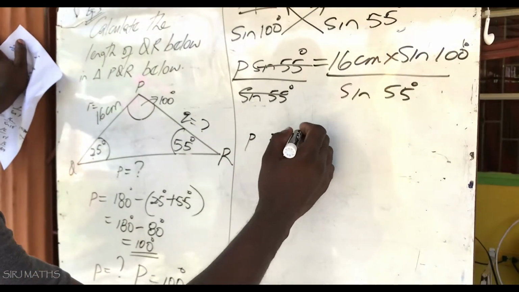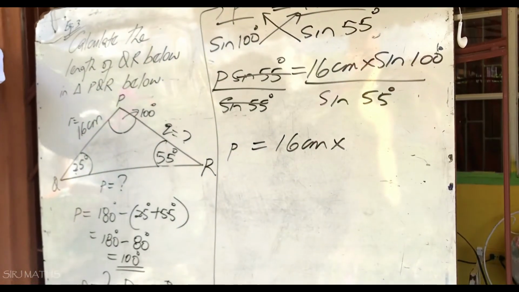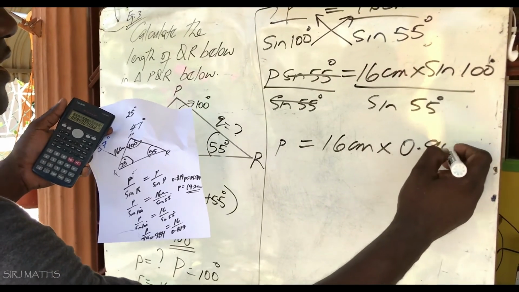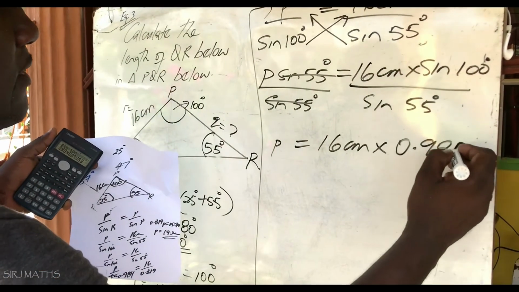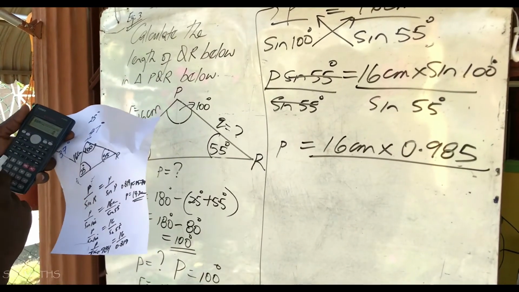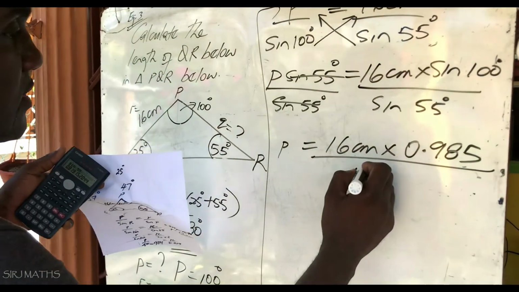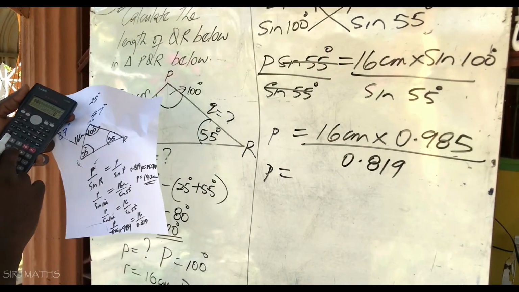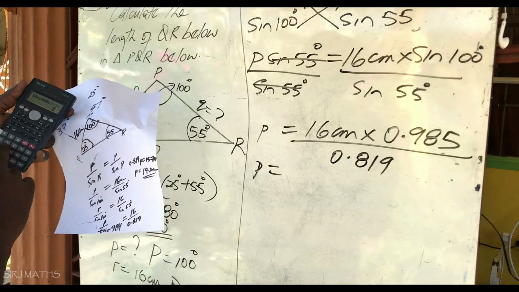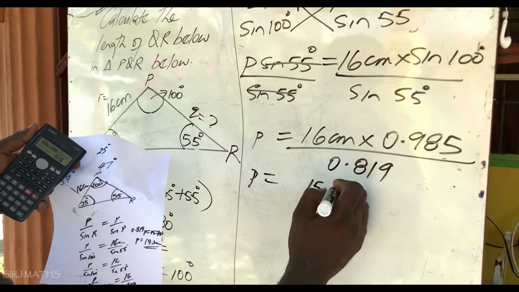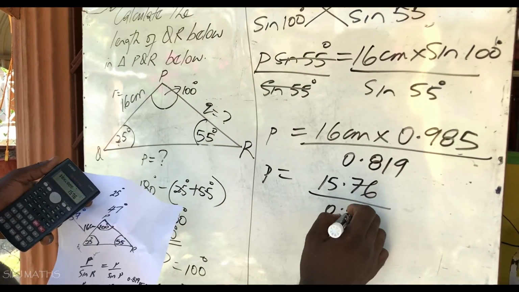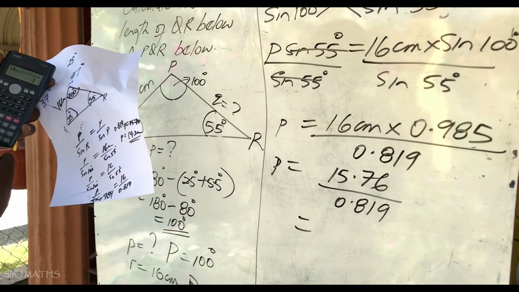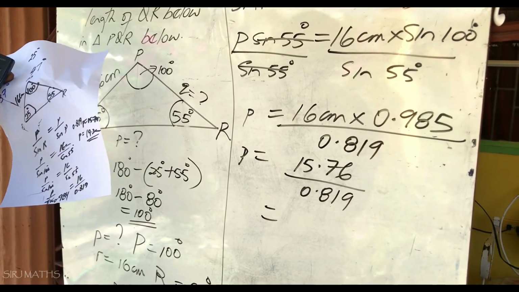So little p equals 16 centimeters times the sine of 100 degrees, to 3 decimal places is 0.985. And the sine of 55 degrees equals 0.819. So it's little p equals 16 times 0.985, which we get as 15.76, divided by 0.819.